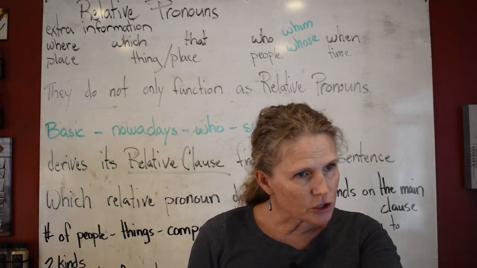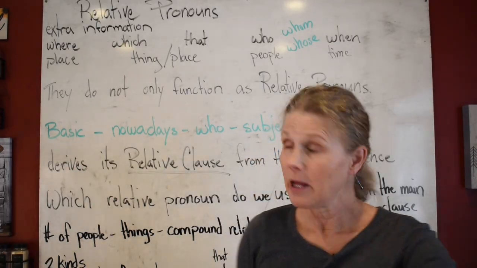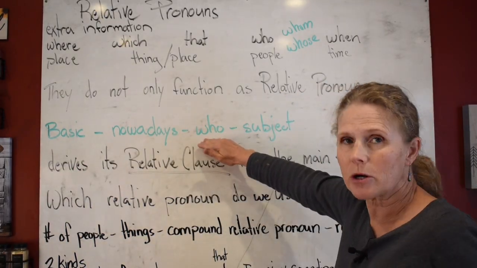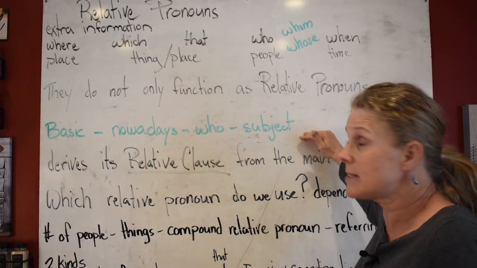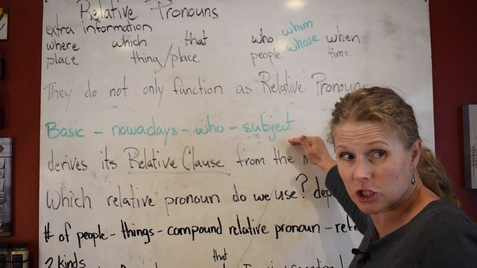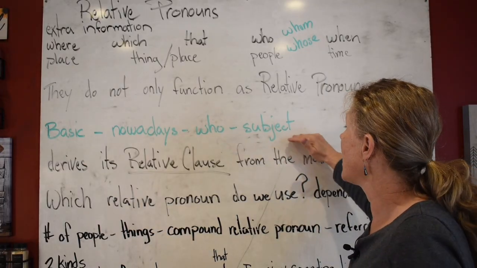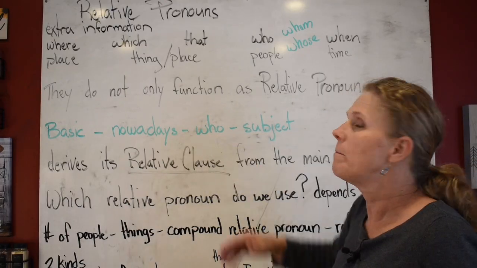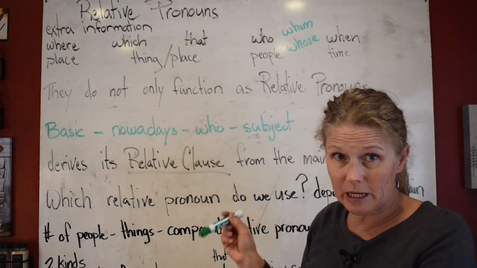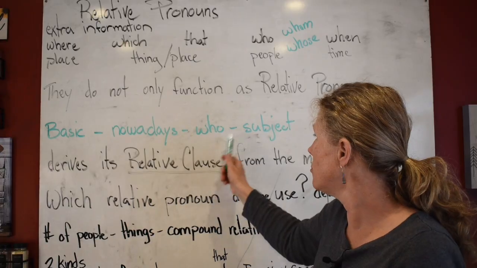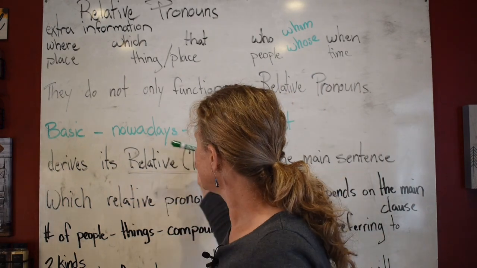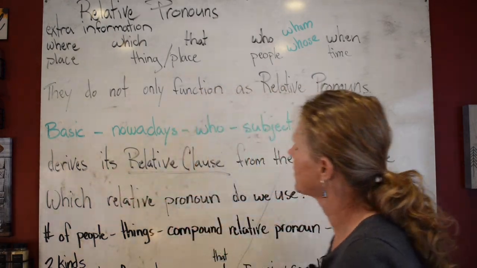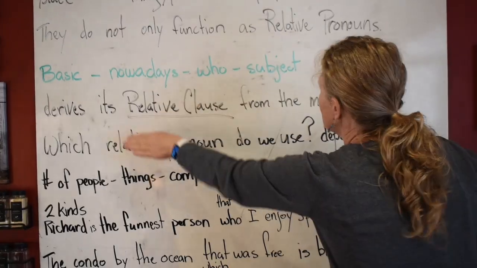So just remember, who sits in the subject, and it can sit in the predicate nominative position and other noun positions, it can bounce, but whom should be in the object position, and who is mostly in the subject.